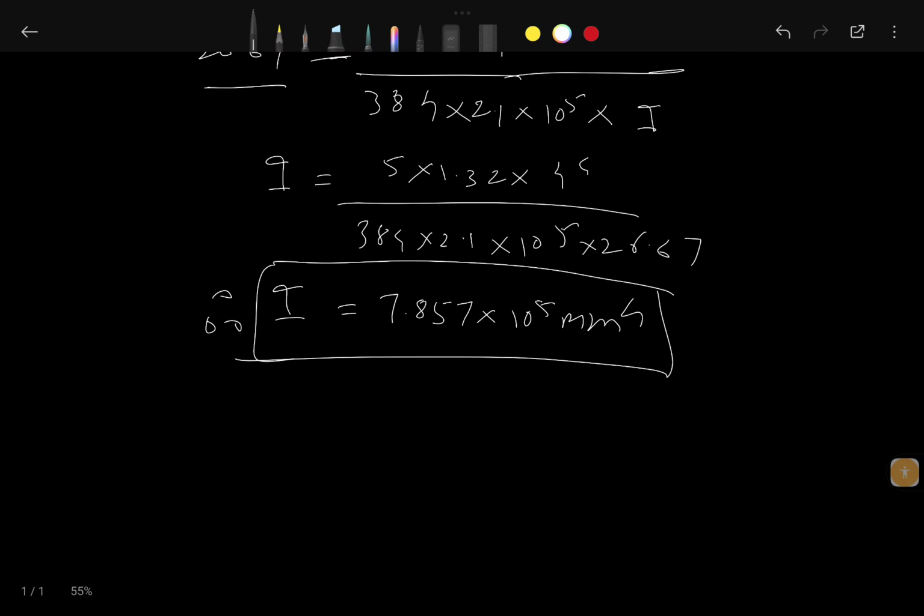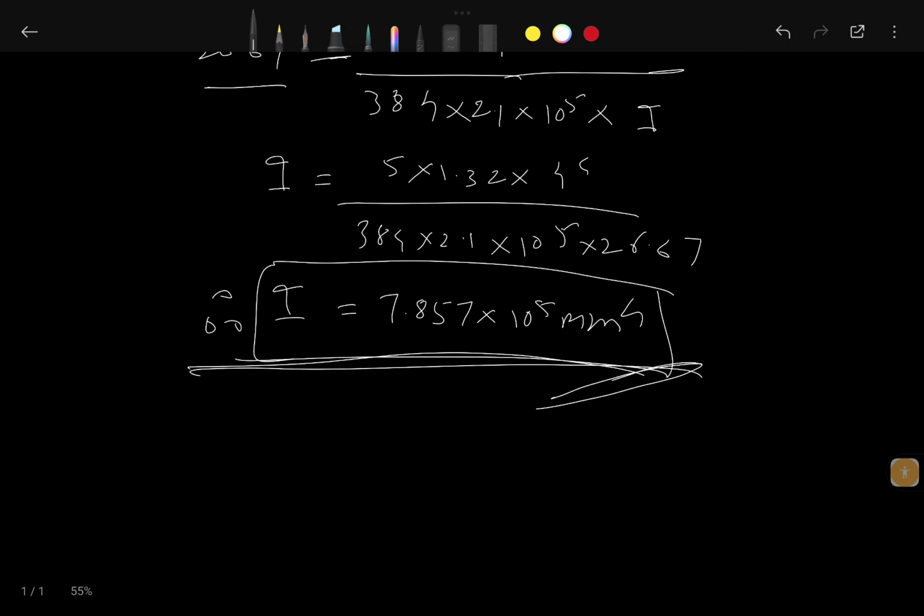So this is the moment of inertia of the section. We calculate section modulus and also moment of inertia. If any section has a value greater than 7.85 into 10 to the power 5 mm raised to 4, then we can consider that section can carry the bending moment and deflection also.